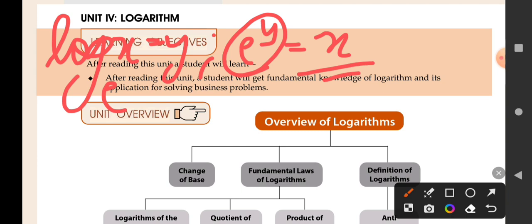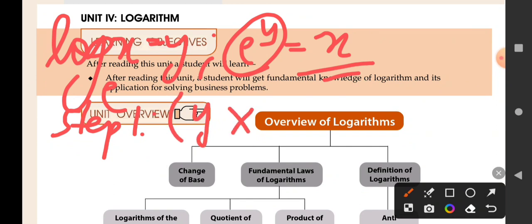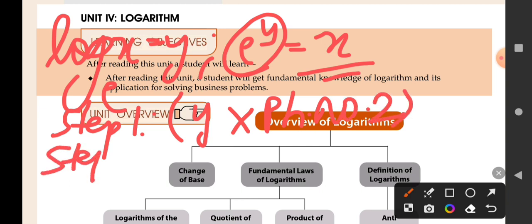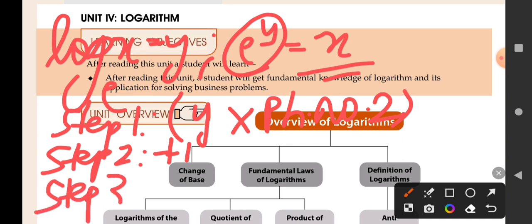We will write: Step 1: y into phone number 2. Step 2: plus 1. Step 3: multiply equal to 12 times.